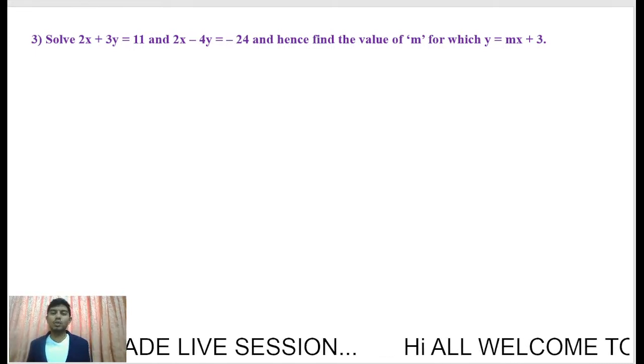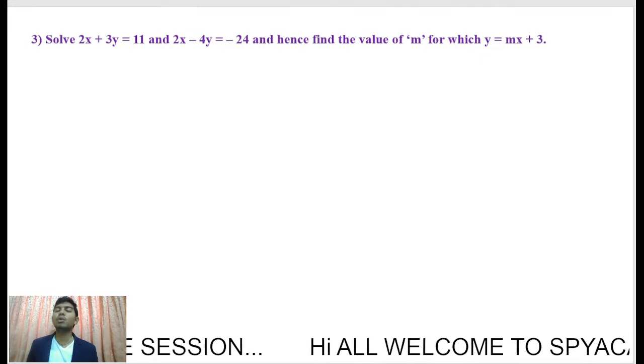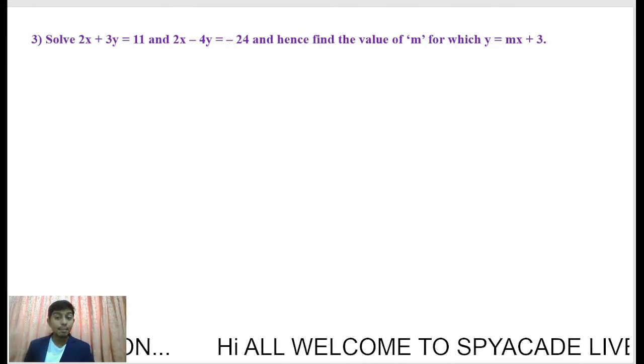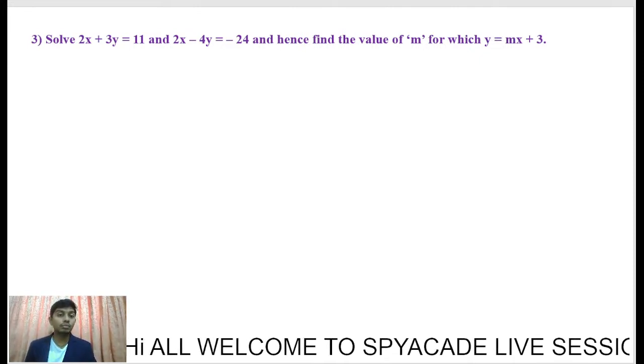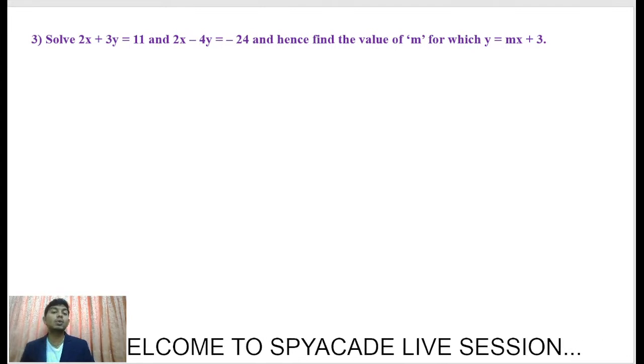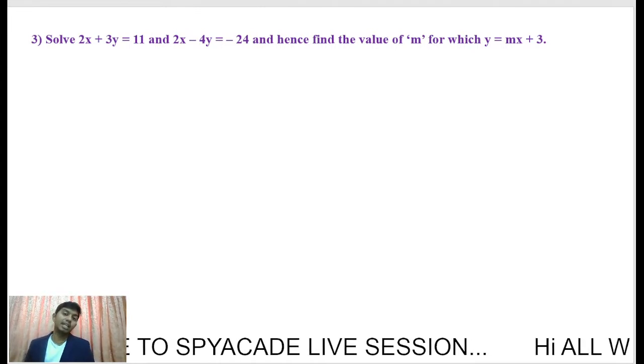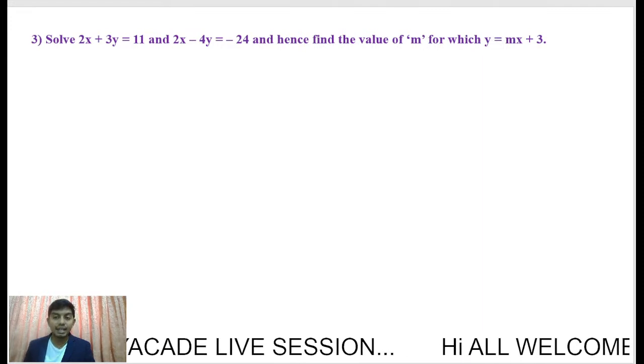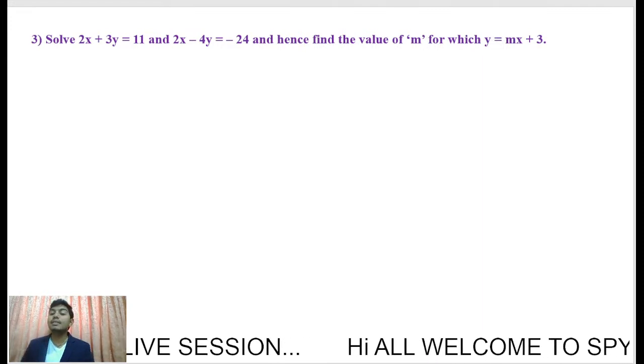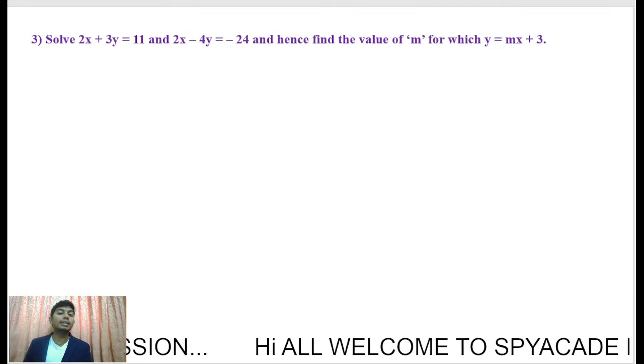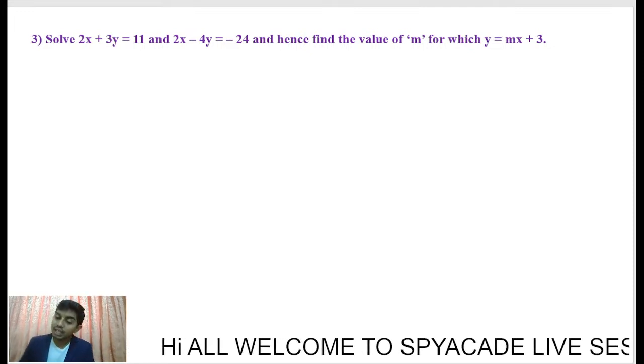For that, what do we have to do? If you want to find the value of m, you have to find the value of x and y. If you find the value of x and y, then you can easily substitute it here and find the value of m.